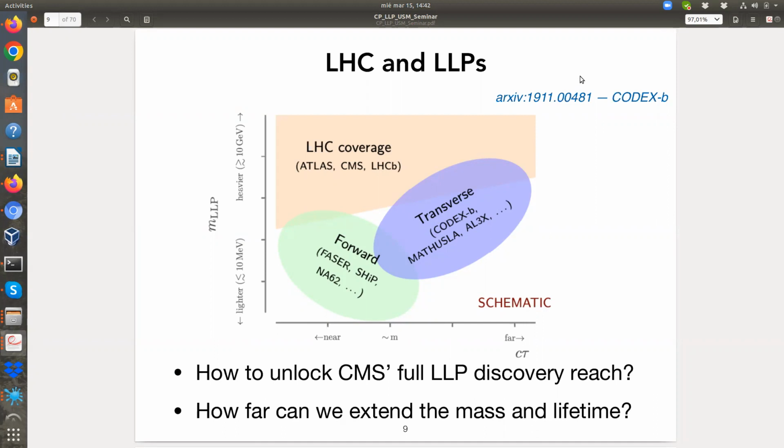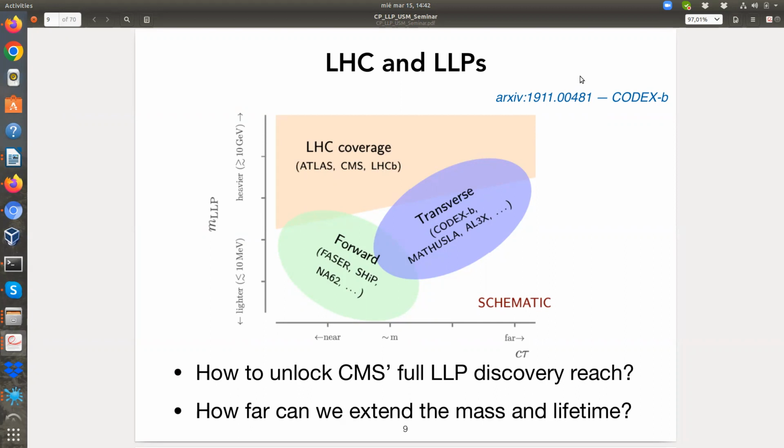Okay, so that kind of introduces long-lived particles and why we need to search for them, and now we go back to the more experimental side. How do we cover this huge parameter space in C-tau and mass? This is a cartoon that was recently published in one of the proposed experiments.